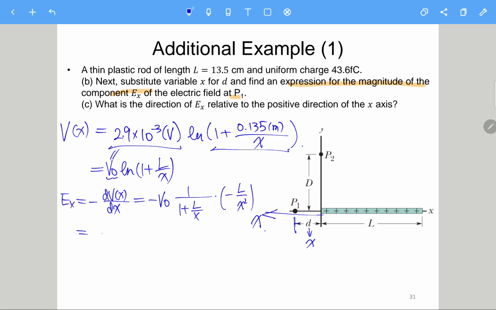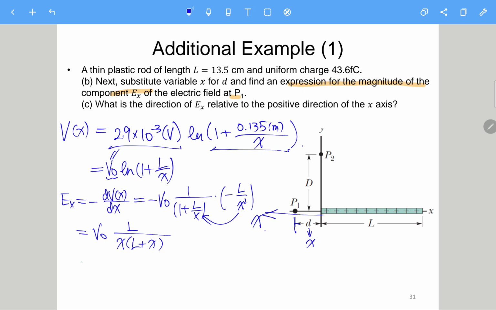So it turns out to be V0, L, and then we distribute this x squared into here, or distribute 1, so we have x times L plus x. So it will look like this.